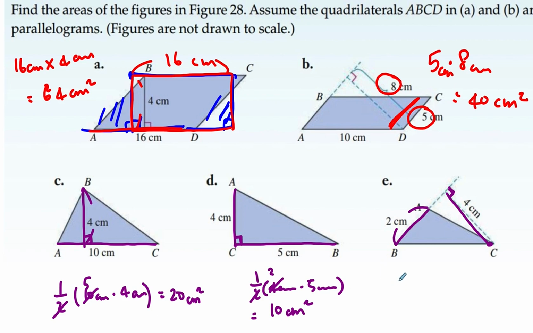So this can be base in this specific case, and you can always extend that side to find what is 90-degree angle for the height. And the height is 4 centimeter. And you need to do half of that. So that will be 4 square centimeter. Pretty good, right?